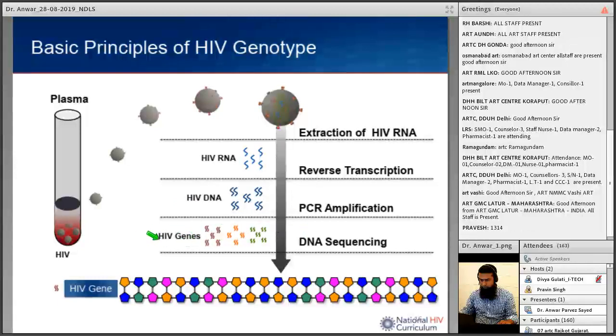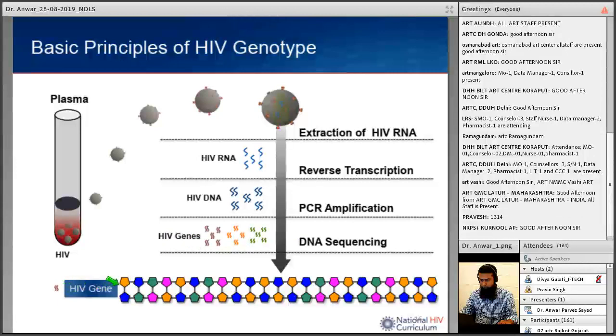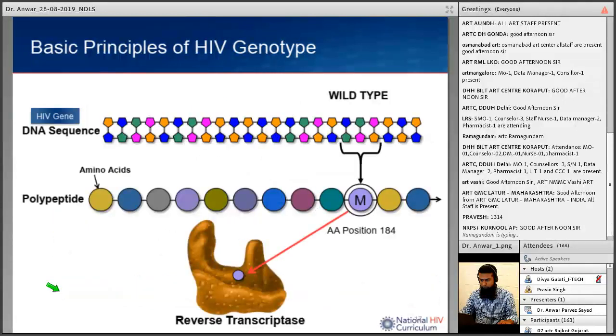So HIV genomes are prepared in the lab, and these genes, which have these amino acid sequences, from the patient's blood are compared with the wild type, known viral genetic sequence.